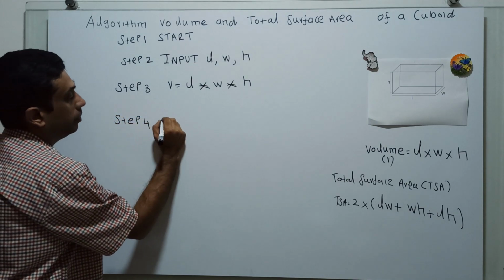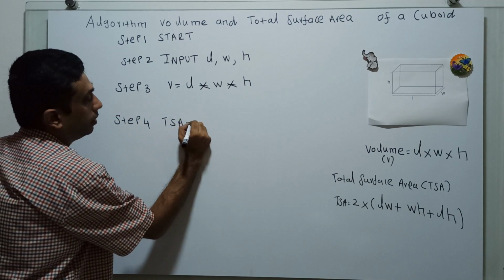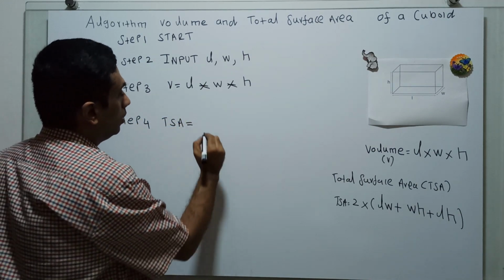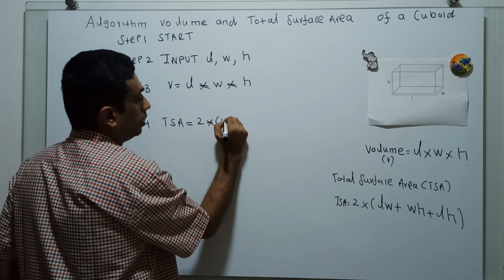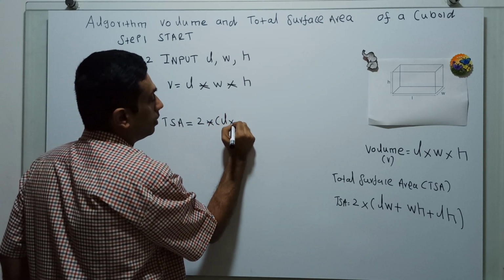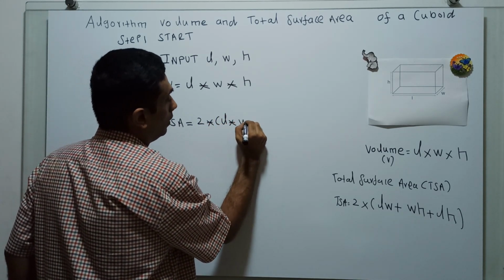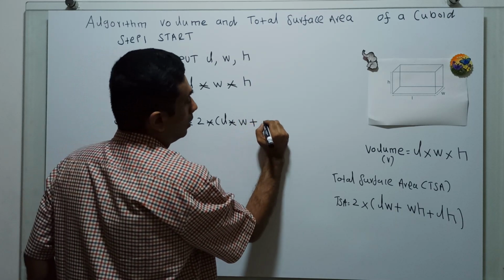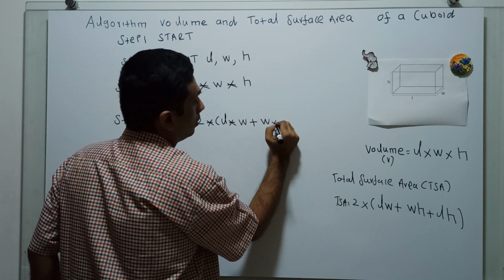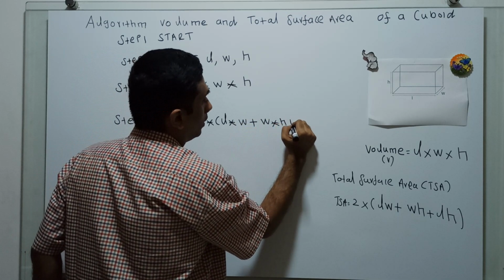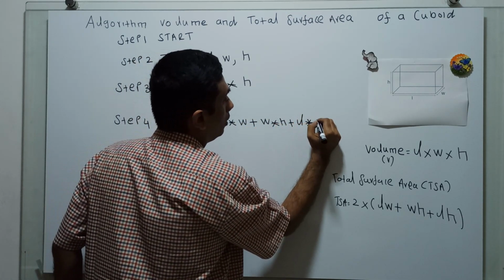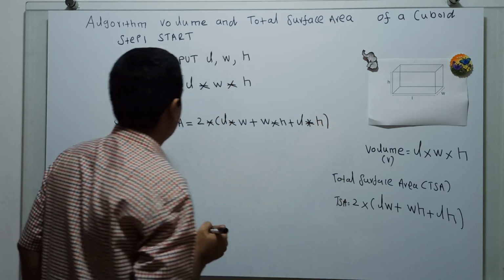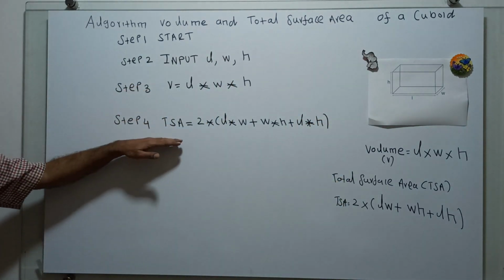I am using the variable TSA equals 2 times (length times width plus width times height plus length times height). So volume and total surface area get calculated.